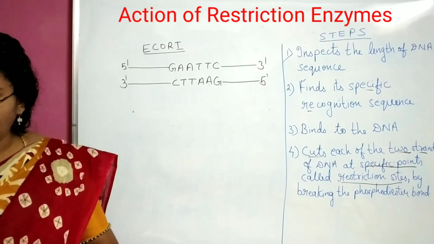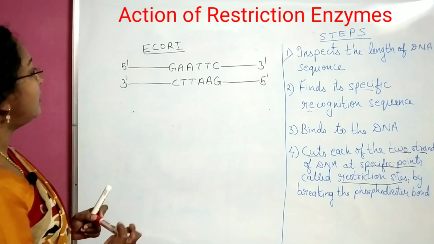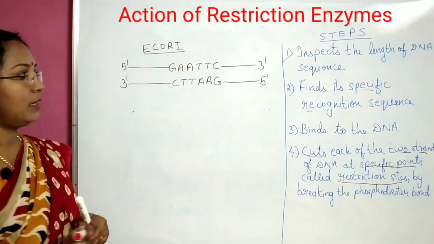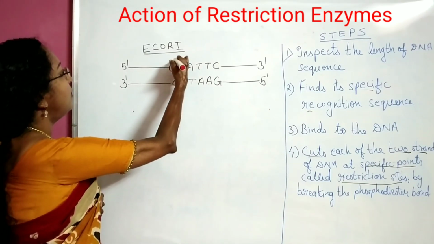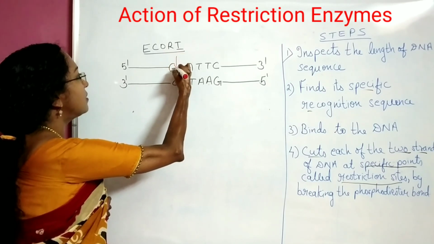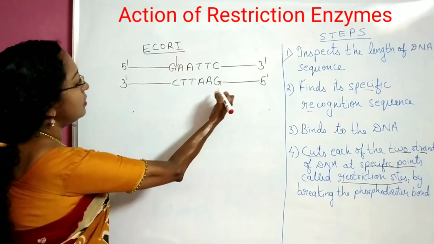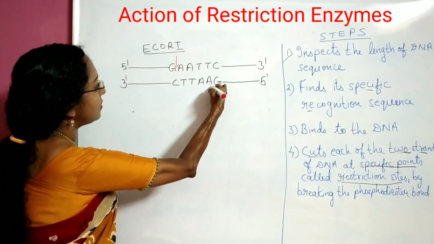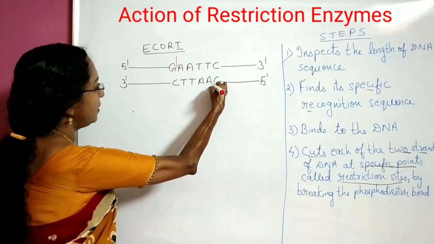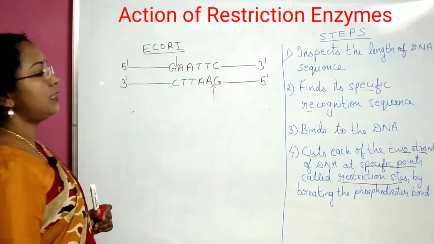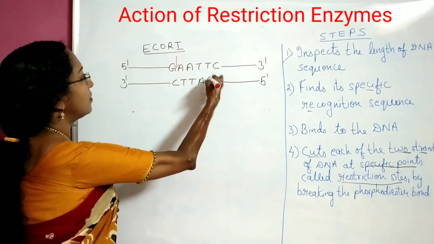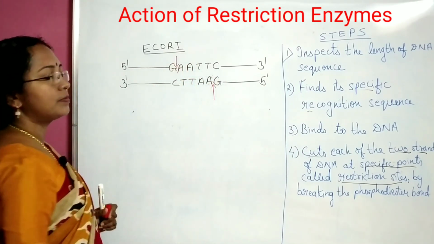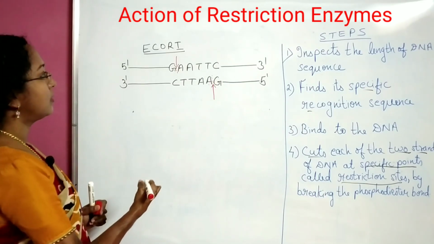Here the cut is made between G and A in this strand. In the other strand also the cut is at the same specific point, between G and A. Here the cut is made in both the strands.